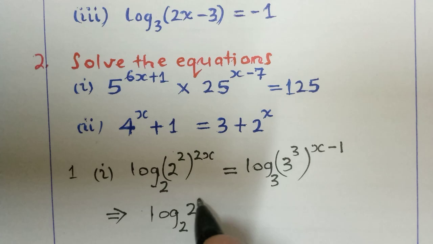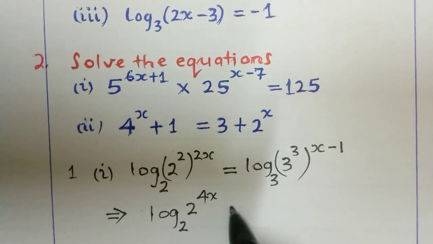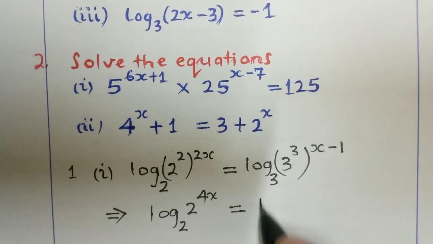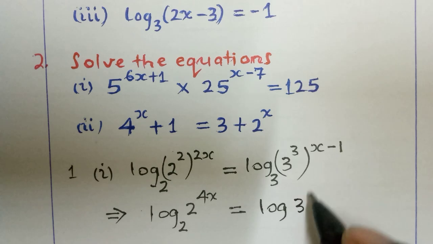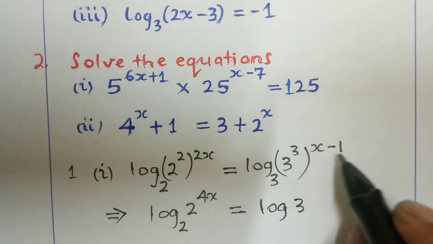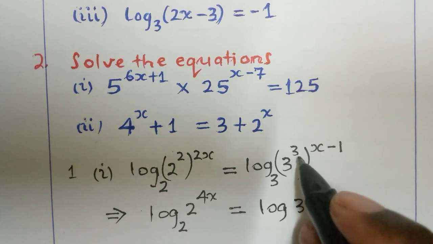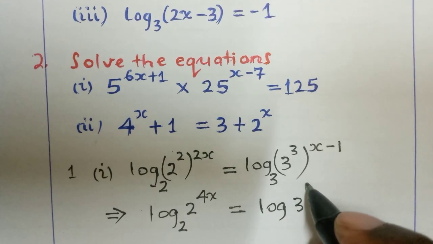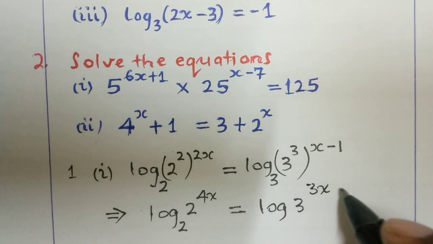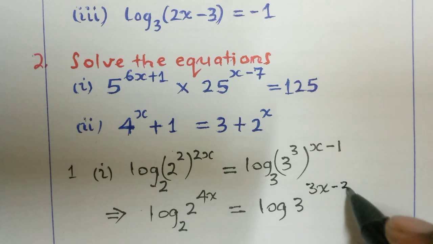When I multiply here, I get 4x. And this one now gives me log of 3 raised to 3 and again raised to x minus 1 to base 3. So I multiply this and that, and this one will give me 3x minus 3.